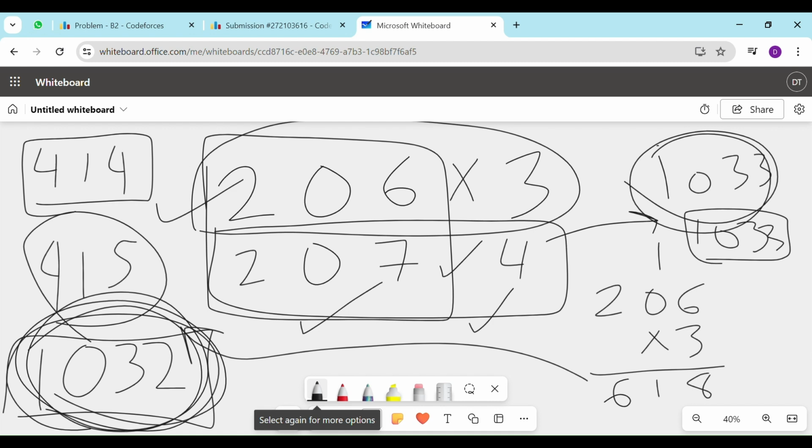So what I can do is I can minus 206 and plus 207. If I minus 206, then I will have 207 coins, and then I will buy a bouquet with 207 flowers, and that will give my maximum answer as 1033.